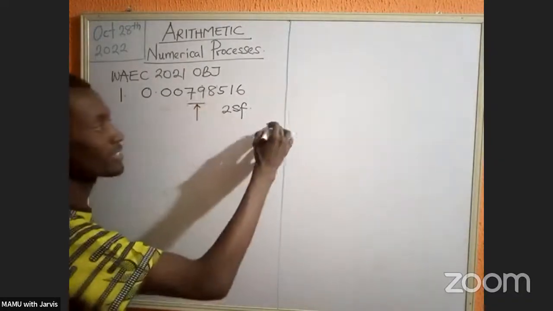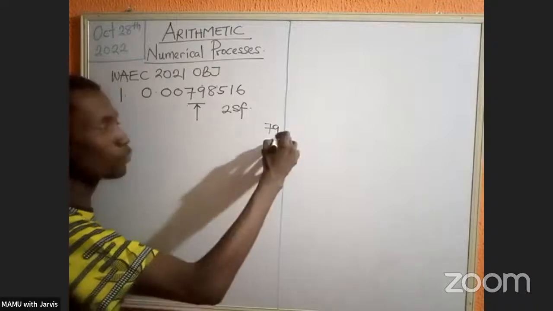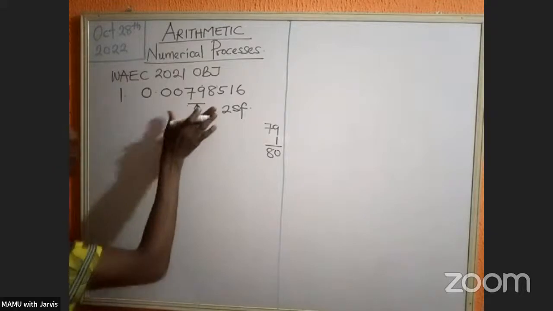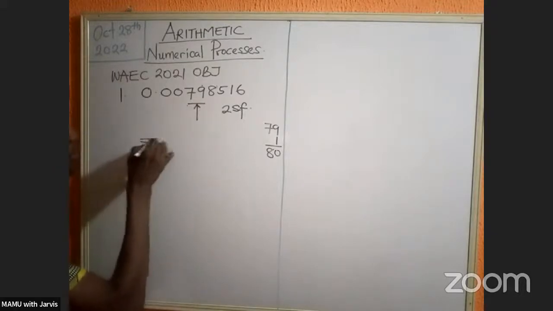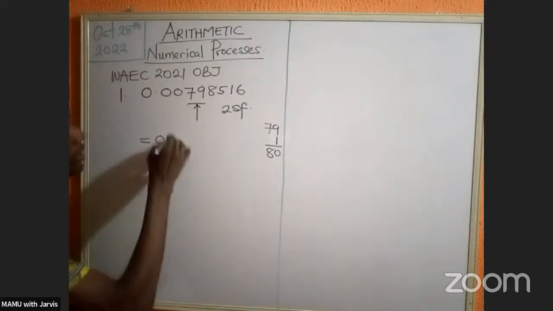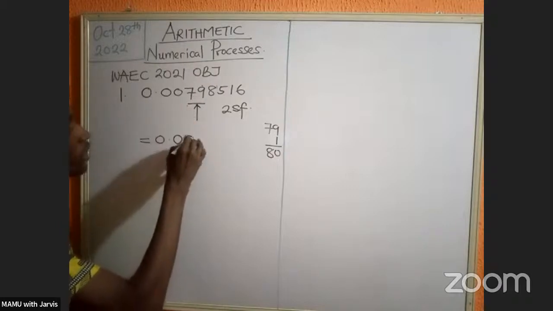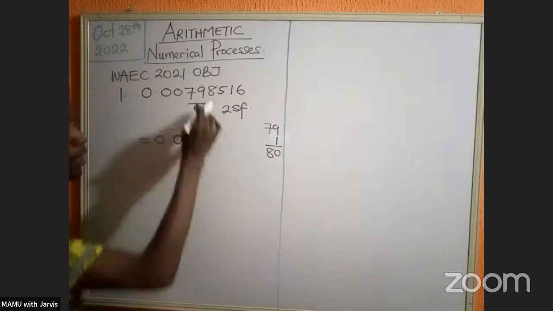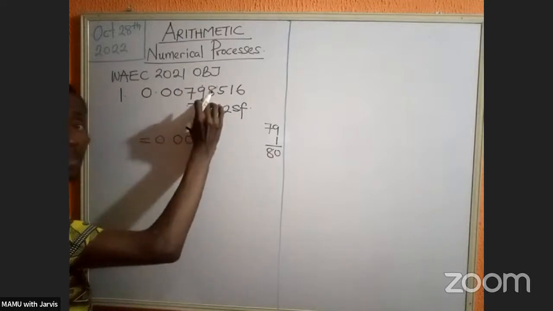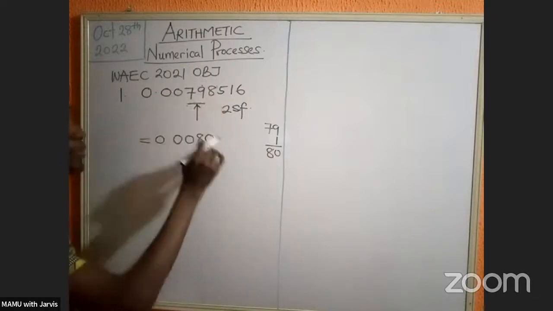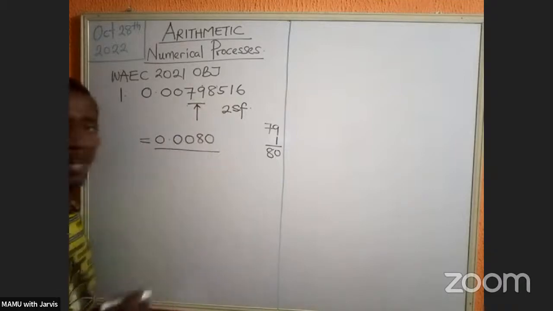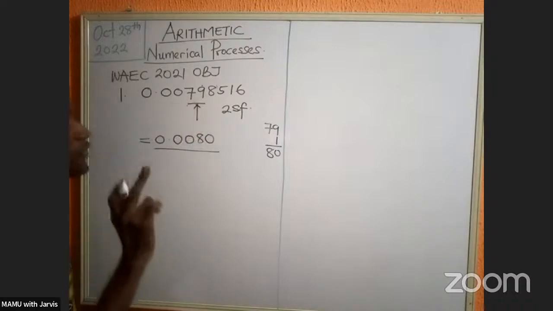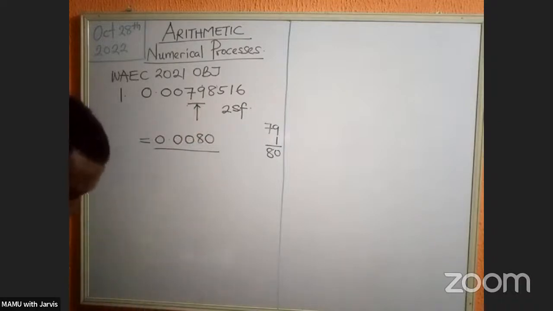So if we had 79 and we add 1 to it, we get 80. So if I correct this to 2 significant figures, it will be 0.0080. Adding 1 here makes this become 0, and then we take 1 to this and it becomes 8. So this is what we expect the answer to be if we are correcting to 2 significant figures.